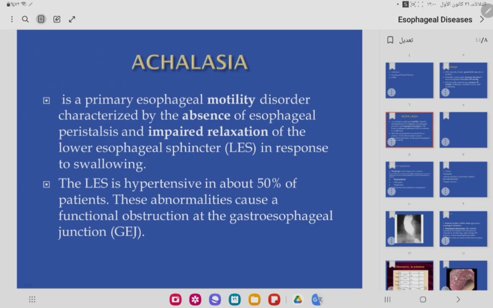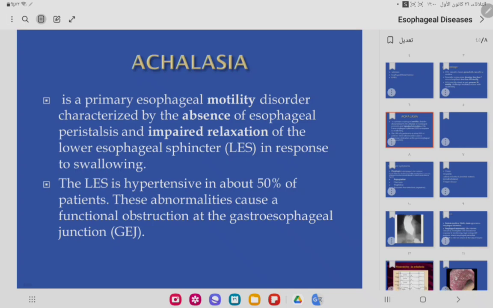Then the lower esophageal sphincter has impaired relaxation, with high pressures down there. It is hypertensive in about 50% of patients. The abnormalities cause functional obstruction at the gastroesophageal junction.